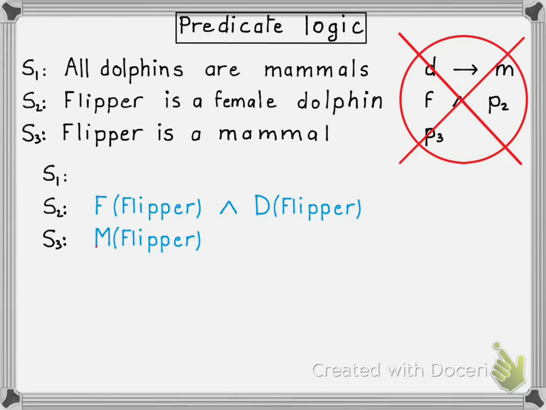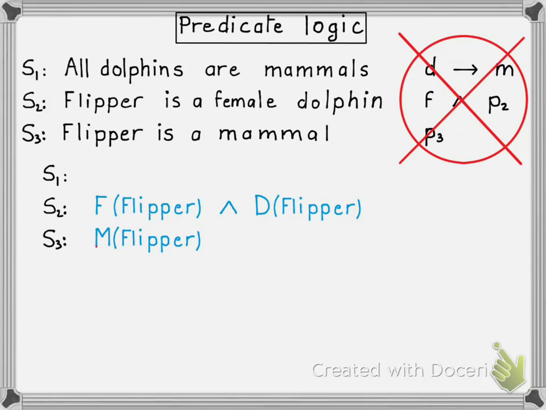In fact, the whole point of this is to realize now that the subject of both S2 and S3 are the same, namely Flipper. Whereas this did not appear in propositional logic, it is obvious in predicate logic right here. Notice how Flipper is the subject of all three of these predicates, and Flipper appears both in S2 and S3. So that is a major advantage of predicate logic.